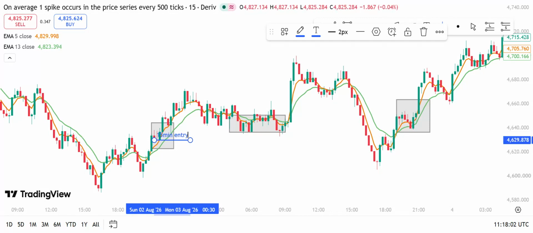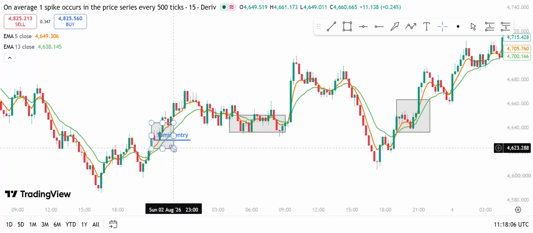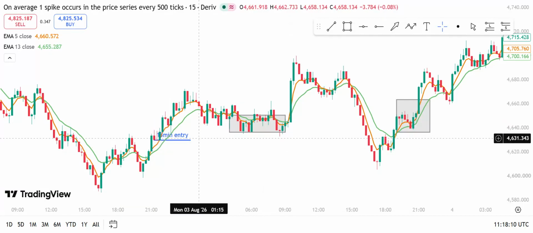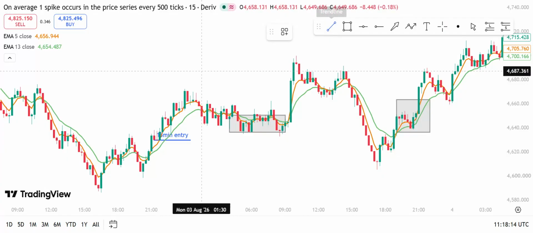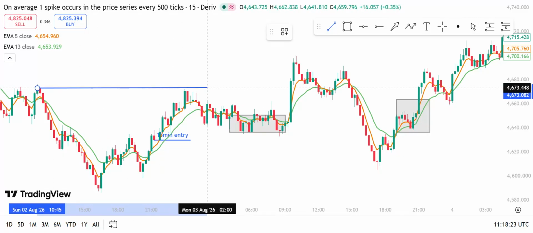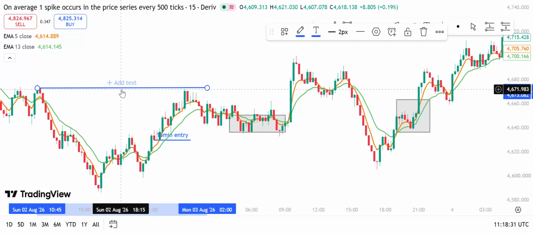Can I remove the rectangle? Because we know that it's from the higher time frame. Then our 15-minute take profit would have been here. I like using these highs, but sometimes I like using the candle body, especially the previous candle.